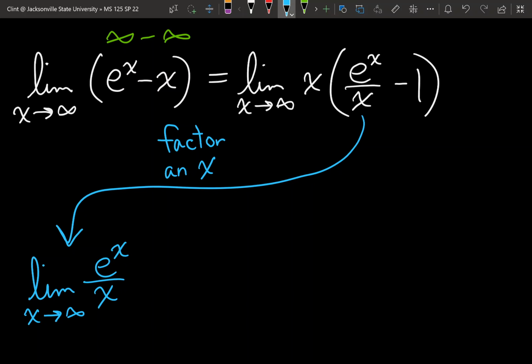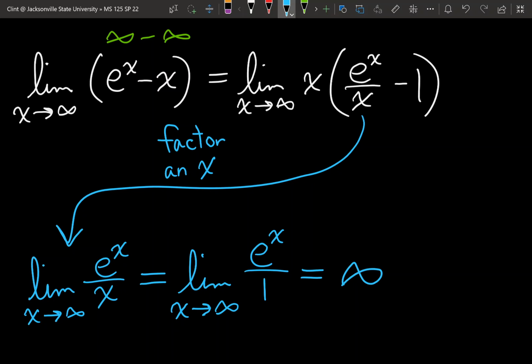That's infinity over infinity, so we can use L'Hopital's rule. Take the derivative of e to the x, that's e to the x. Take the derivative of x, that's 1. So then what's that limit going to be? It's just e to the infinity, so that limit's going to be infinity.